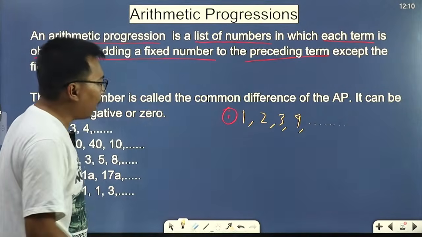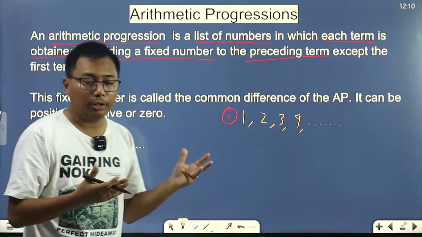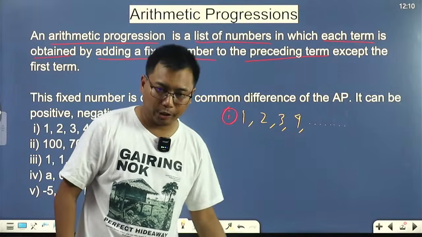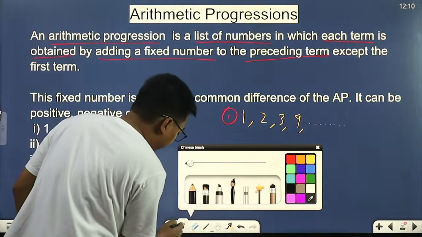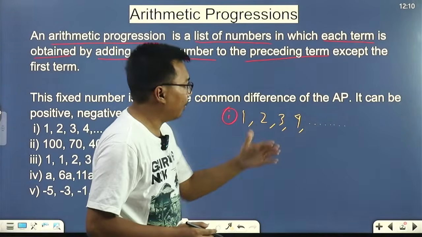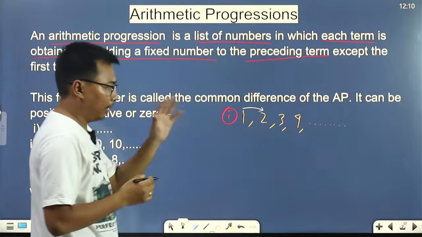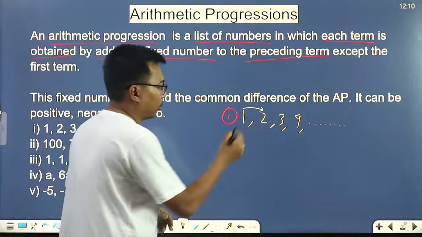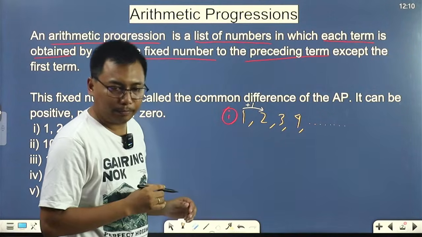Now, how do we check whether this given list of numbers is an arithmetic progression, or in short, an AP? To check, we have to check the difference between two consecutive terms. What is the difference here? The difference is 1, right?